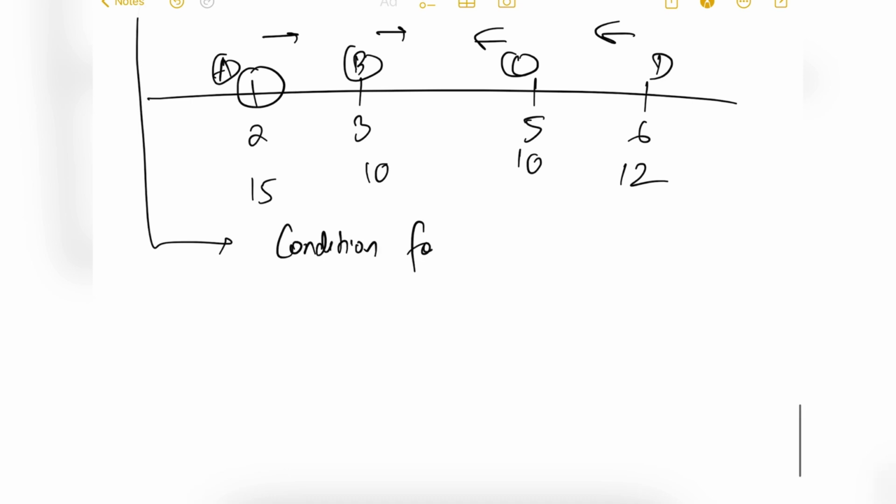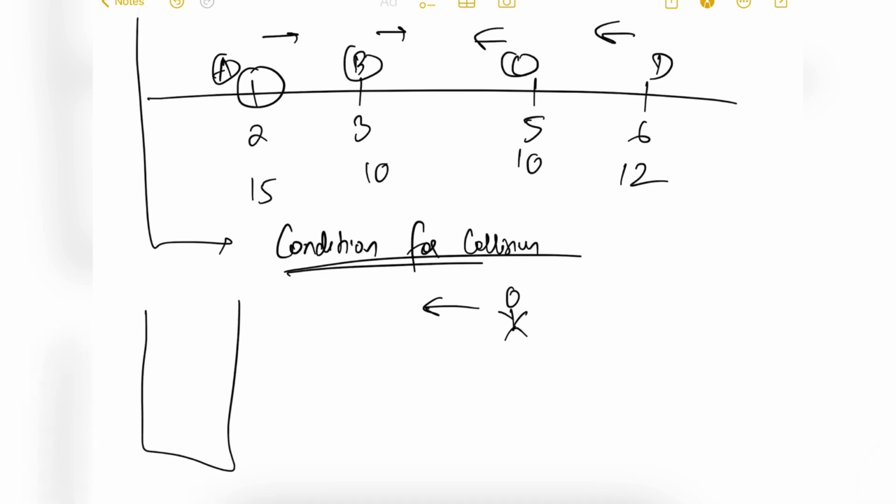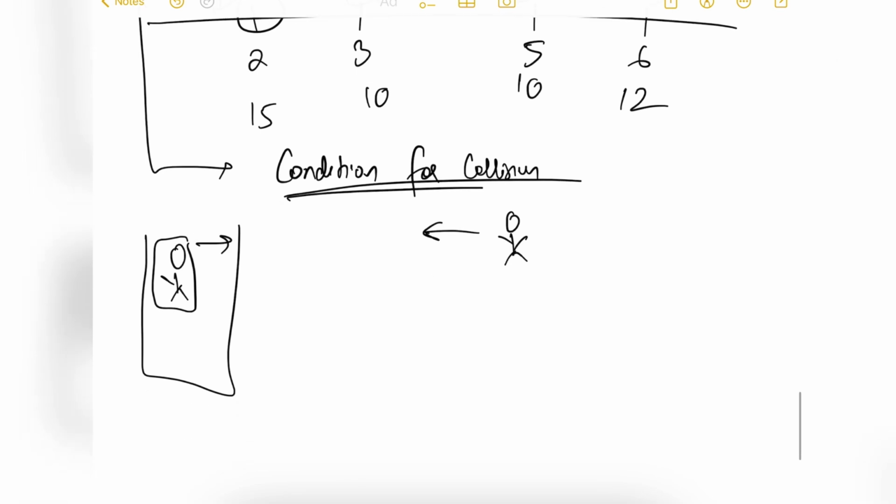Condition for collision. When can there be a collision? Whenever we encounter any robot that is moving on the left side, we'll see if in our stack we have any robot at the head that is moving in the right direction. Then only a collision can happen. So if I try to write the condition of collision, what should be the first condition? First, my stack shouldn't be empty.